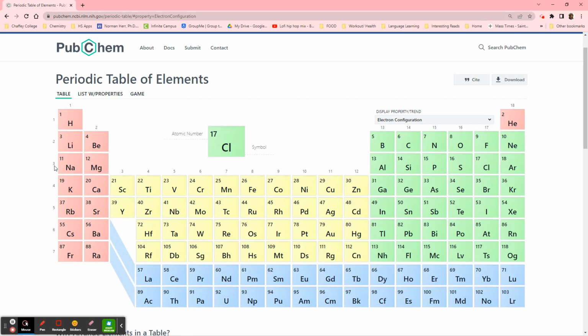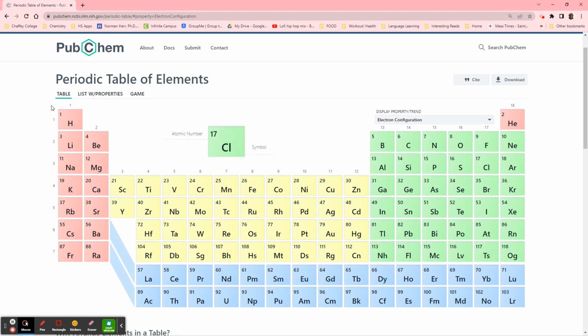If I said I have 3s1, here's energy level 3, here's the s block, and this is 1 right there. So I would be talking about sodium. Memorize your electron configuration blocks. It makes writing electron configurations so much easier.